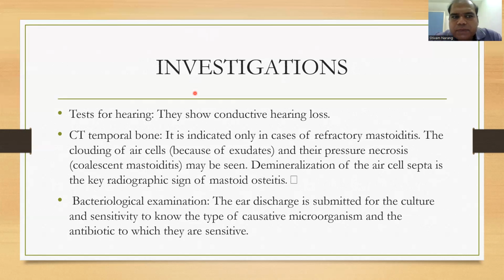Then the third is CT temporal bone. It is indicated only in cases of refractory mastoiditis. There is clouding of air cells because of exudate, and the pressure necrosis leads to formation of coalescent mastoiditis. Demineralization of the mastoid air cell septa is the key radiographic sign of mastoid osteitis.